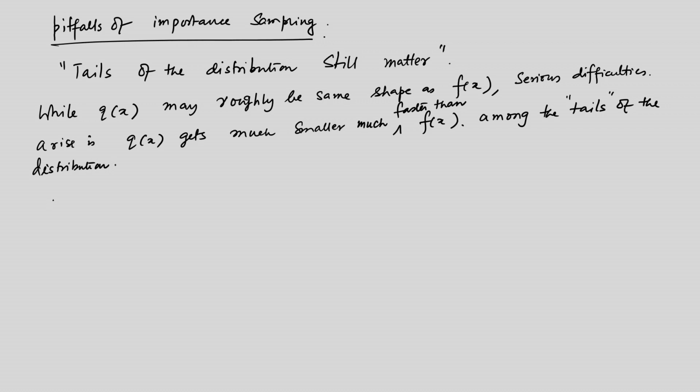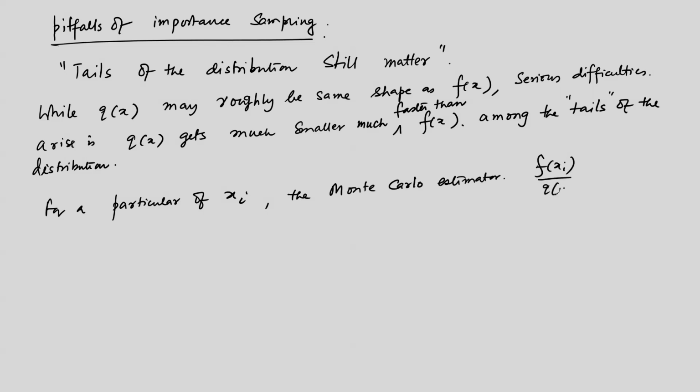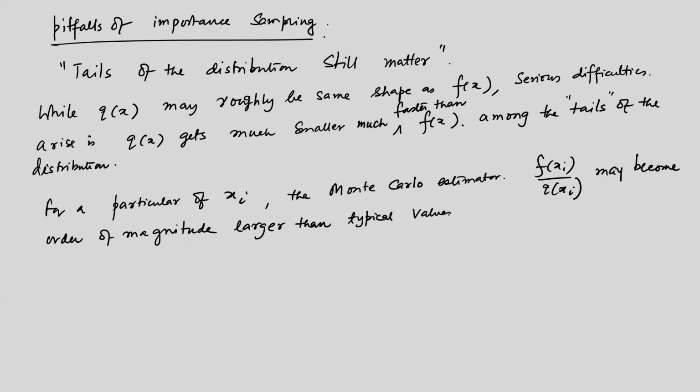Because in this case, what happens is that for a particular value x_i, the Monte Carlo estimator, which is f(x_i) by q(x_i), may become an order of magnitude larger than typical values of f(x). Okay.